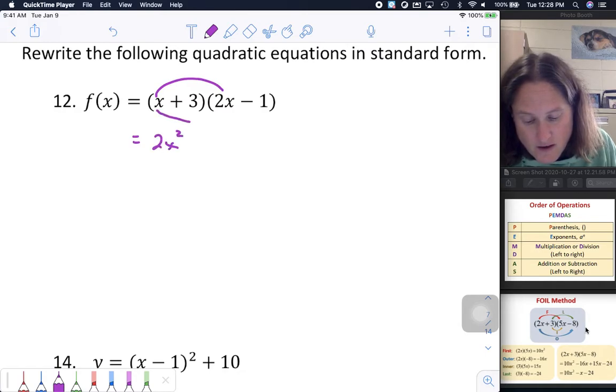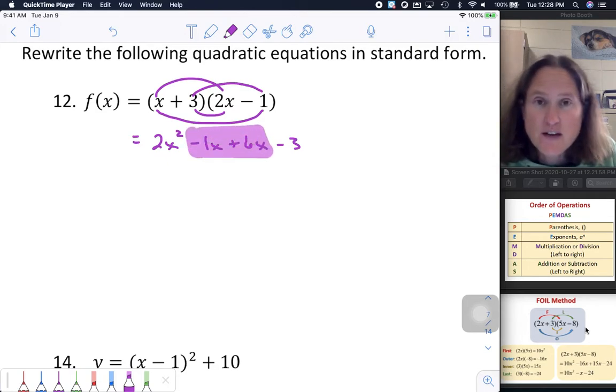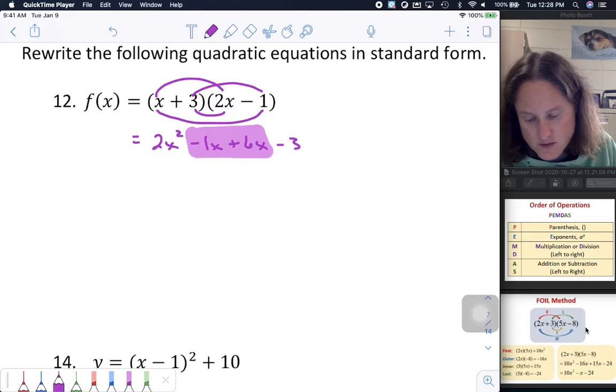Multiply the outside terms, which would be negative 1x, multiply the inside terms, which would be 6x, and multiply the last terms, which would be negative 3. Then our only other job here is to make sure that we have this simplified and combine those like terms. This turns out to be 2x squared plus 5x minus 3.